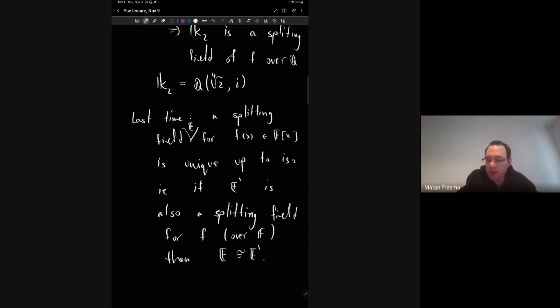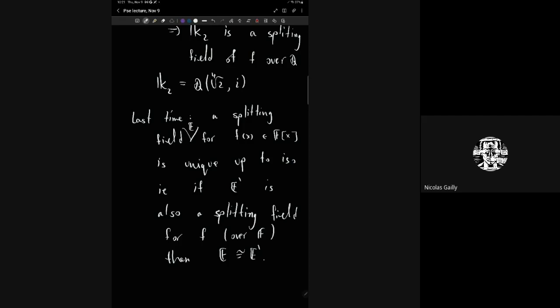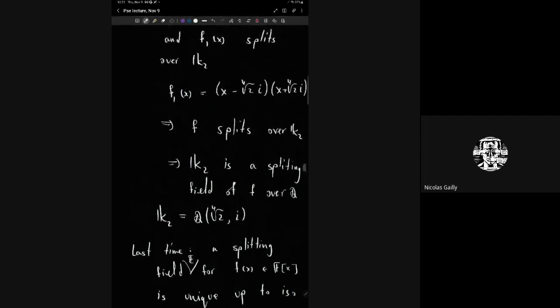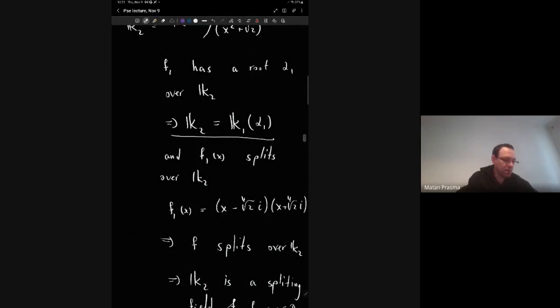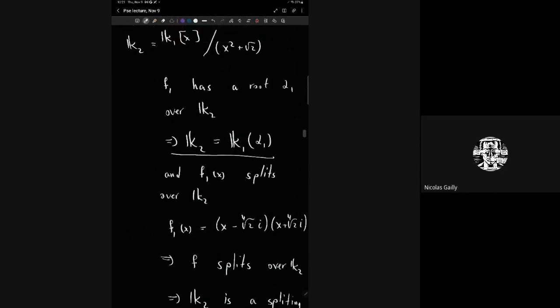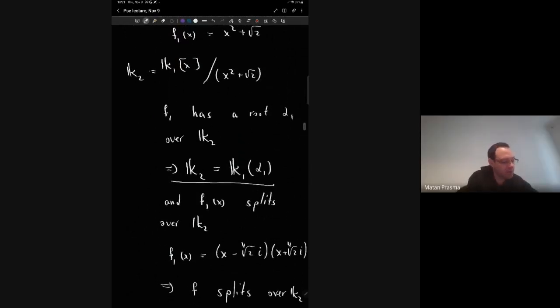Yes, there was a question? I think this is what you hinted at before, but for K2, you define it very generically with just a potential root alpha. And then you directly said that alpha is i or something like that. I just missed the step. You define K2 as K1 adjoin alpha 1? That's the definition.